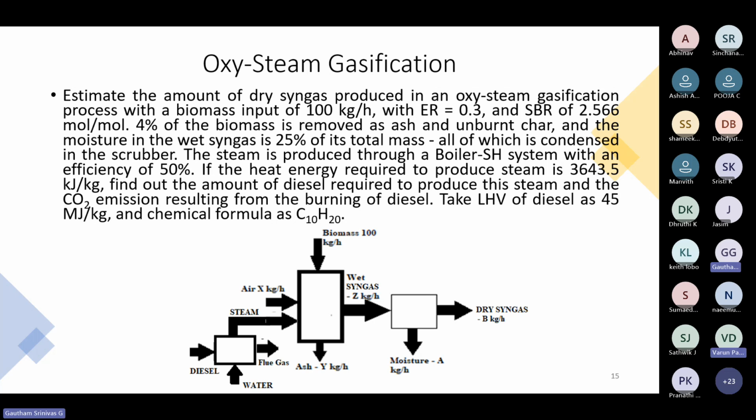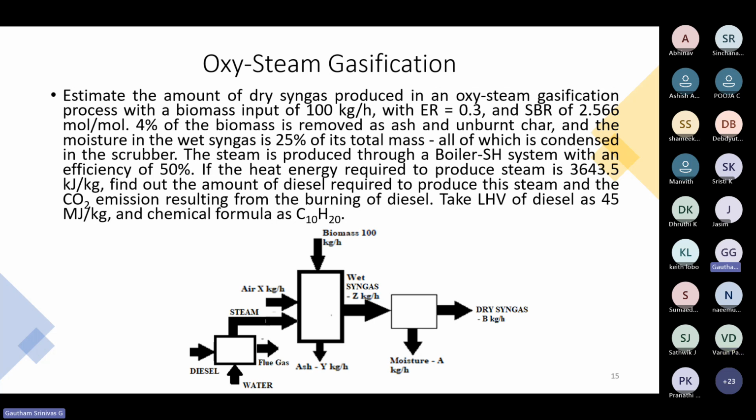We know how to convert mole into mass. This is 2.566 moles of steam per mole of biomass. 1 mole is 18 kgs for steam and 23 kgs for biomass. Convert this into kgs: 1 kg of biomass requires how many kgs of steam? Then multiply by 100.